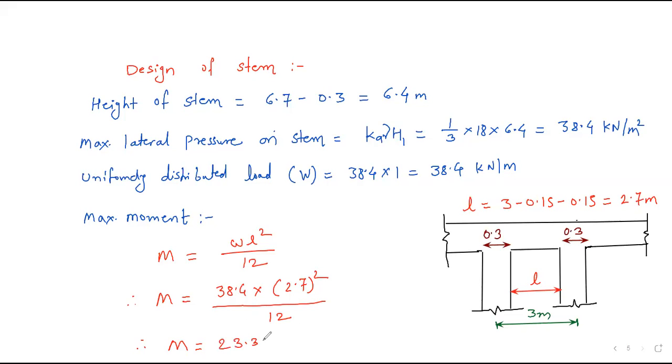Okay, so it is 23.33 kilonewton meter. So this is the value of M. Now calculate the ultimate value. Okay, so calculate the ultimate moment MU.